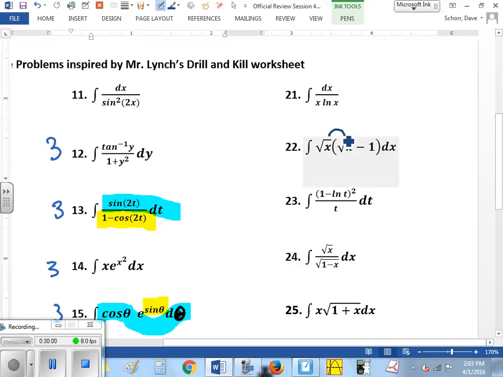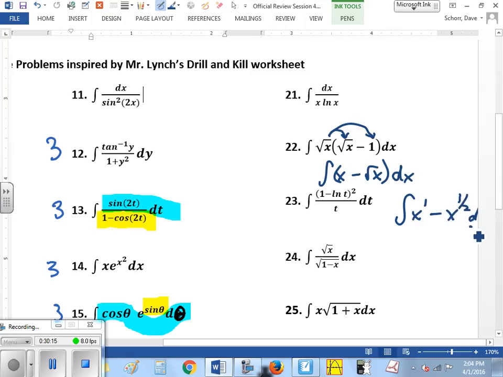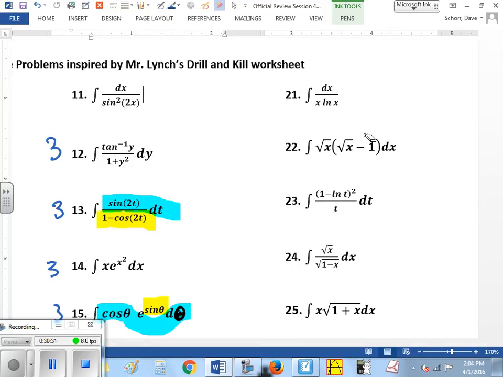If you distribute this, it's just x minus rad x, which in turn is just x to the first minus x to the half. So it is just basic algebra, you're just going to be adding a power to each x and then dividing by the new power. So we're not even going to stress out about that one. By distributing, you see it's just polynomial style. It's not technically called a polynomial, but you can use the power rule. Okay, let's go to the next one.